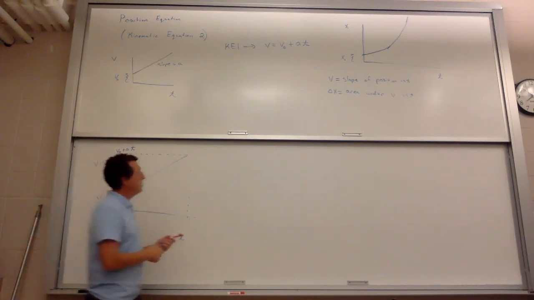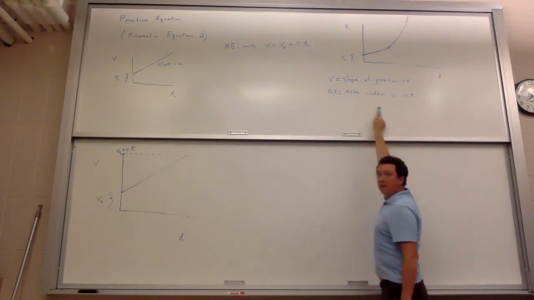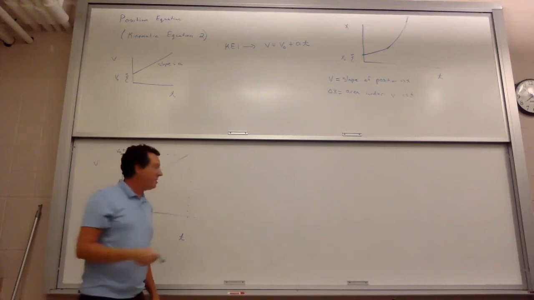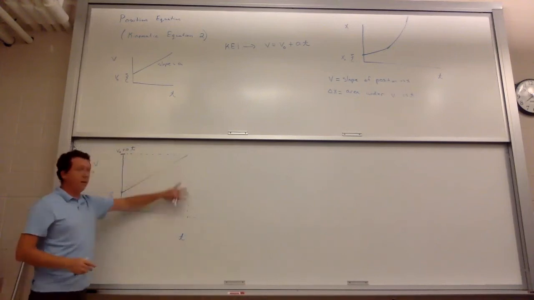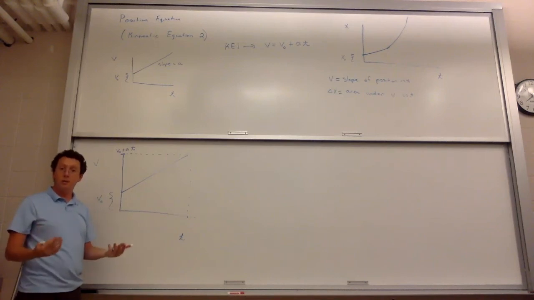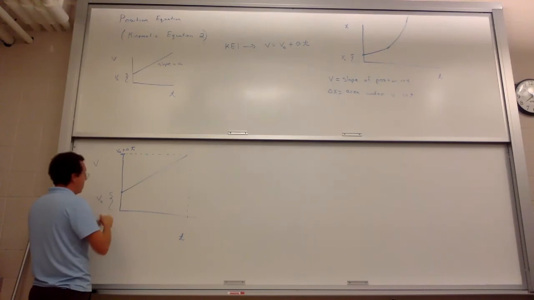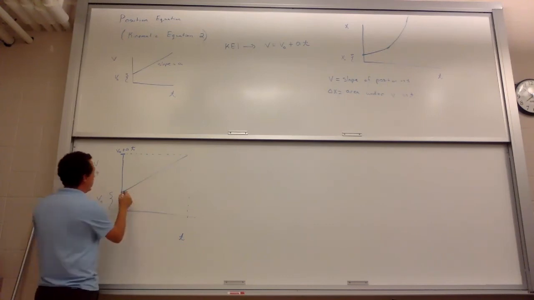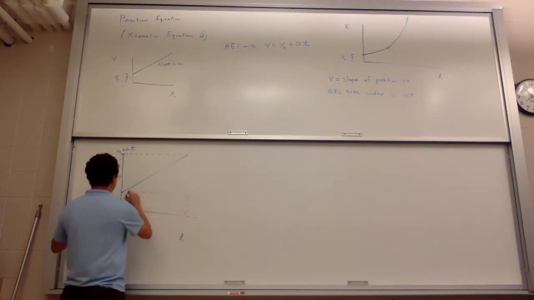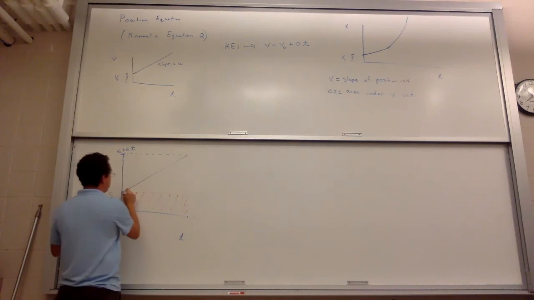Okay. So now, our relationship, the second one here, says that the area under the velocity versus time graph gives us the change in position. So that means this area, and I'm going to break it up into a rectangle and a triangle.